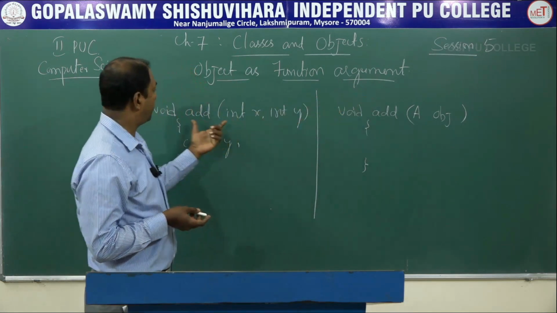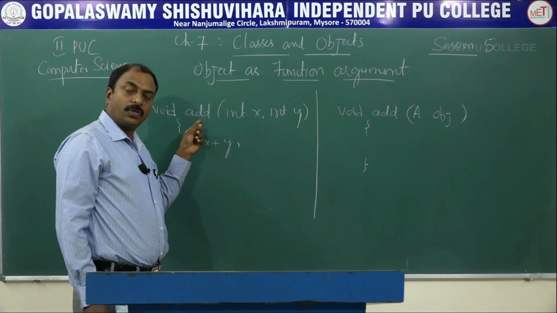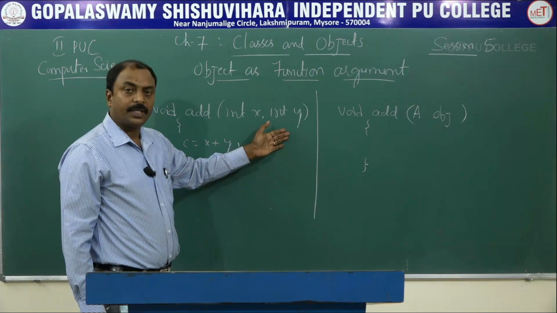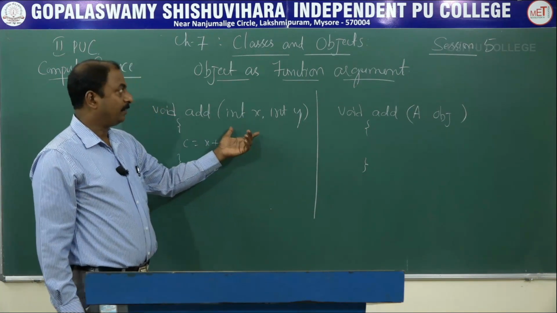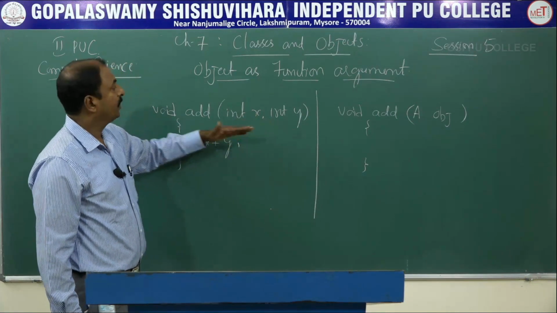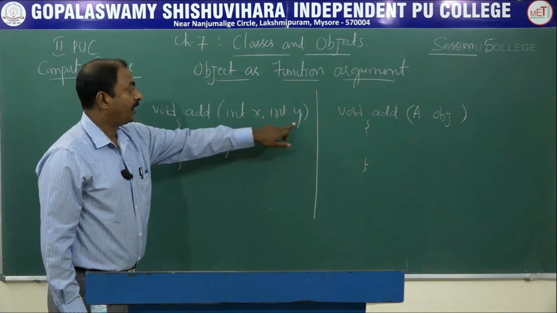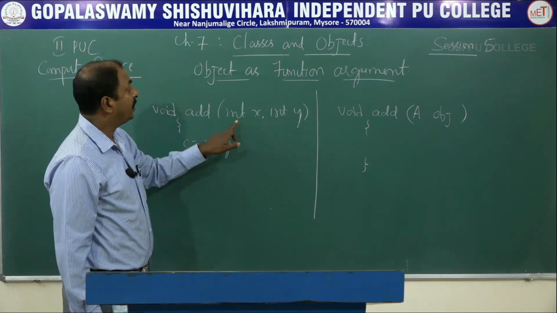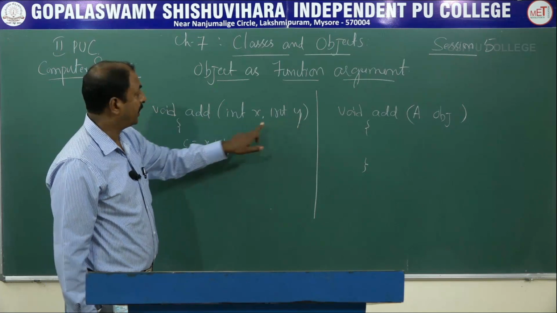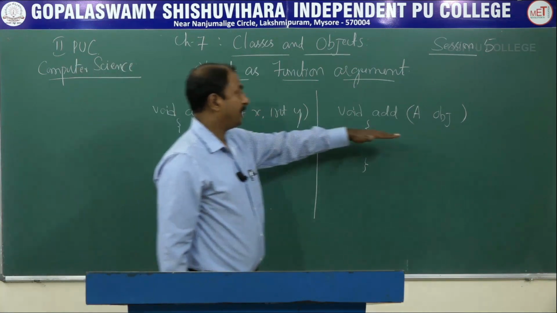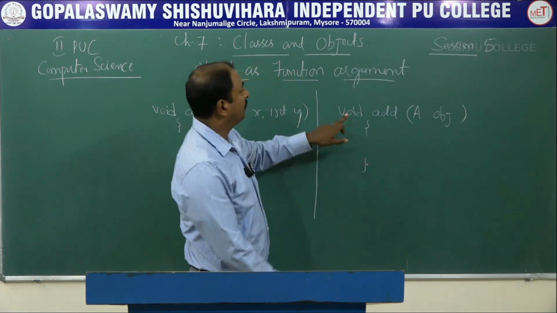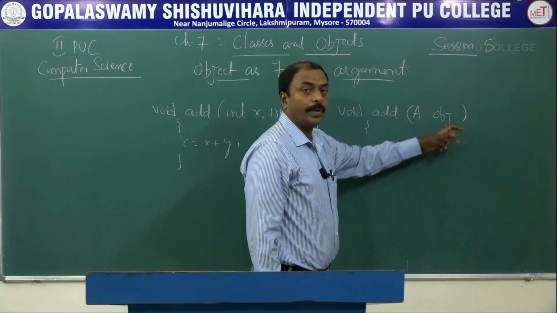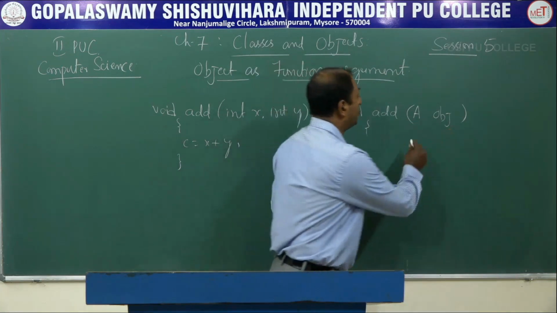Now you know what a function is. You can have functions with parameters or without parameters, and with return type or without return type. But in the earlier example, x and y are parameters, but these two are not objects. These two are variables of data type int. If you consider this example, this is also a function add, but here the parameter is an object of a class.